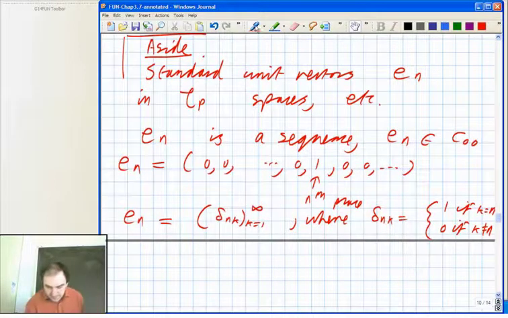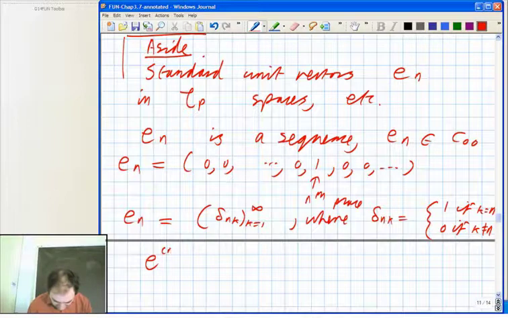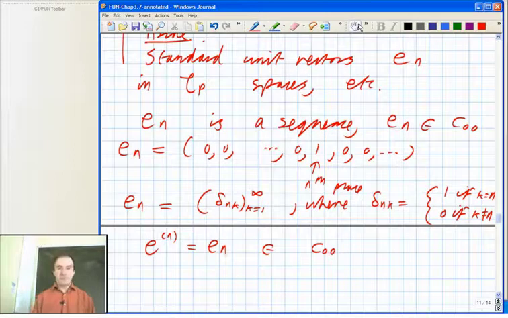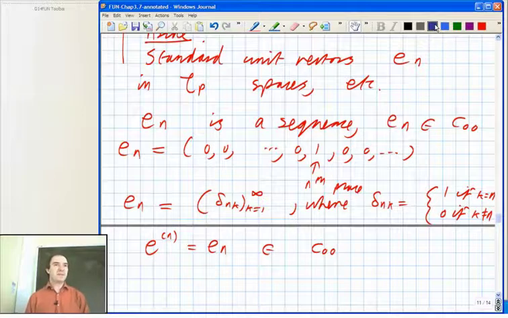So it would fit better with our previous notation if we had written e upper n, because this is a sequence of sequences, and there's one for each n. So you could say e^n is in c00. And it's just unfortunate with the notation. But note that the norm of this in any of the spaces we've looked at is 1 so far.